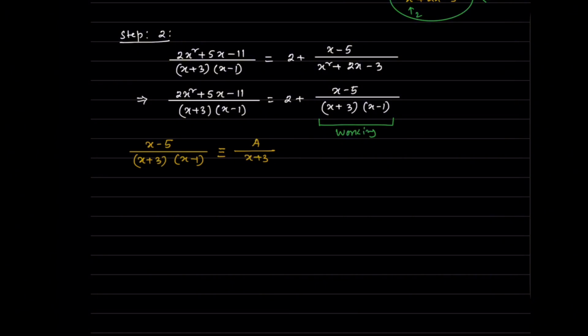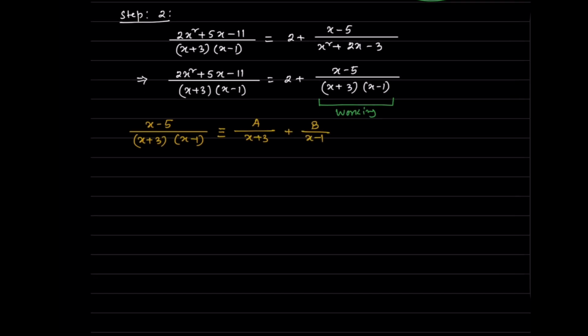So we write the linear form a by x plus 3 plus b by x minus 1. So here x minus 5 over x plus 3, x minus 1 is identical to a into x minus 1 plus b into x plus 3, over x plus 3, x minus 1. We can write a into x minus 1 now, and b into x plus 3.